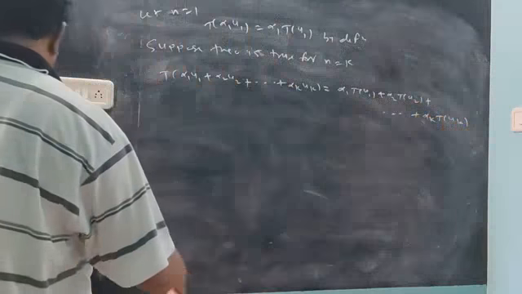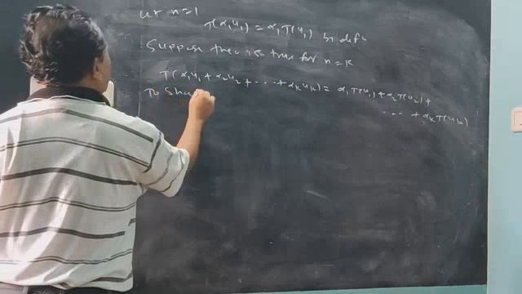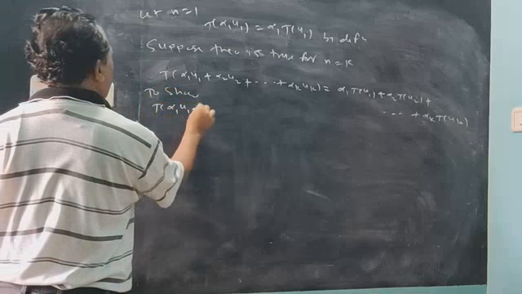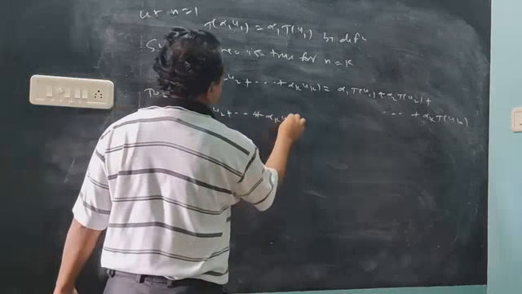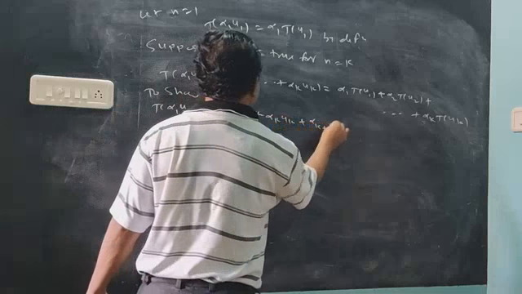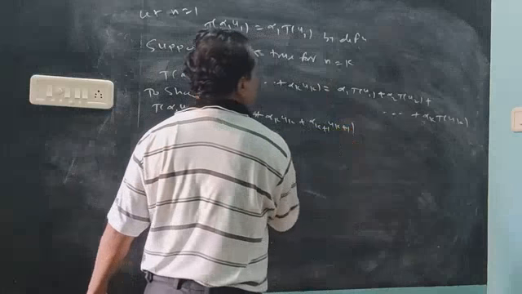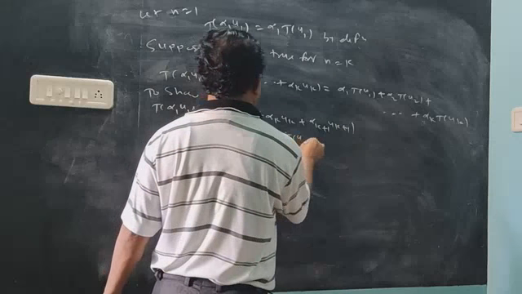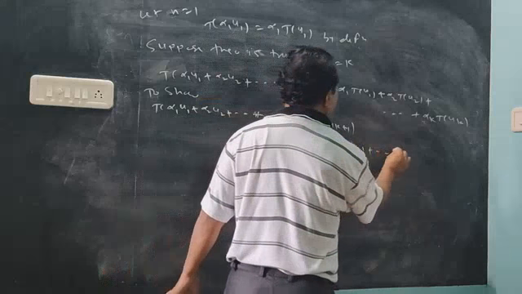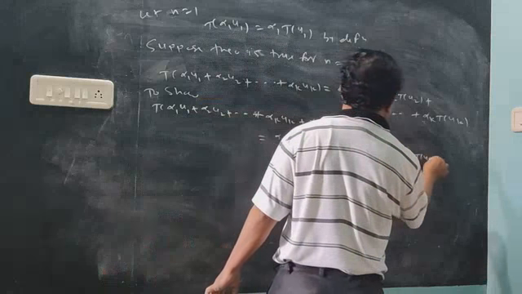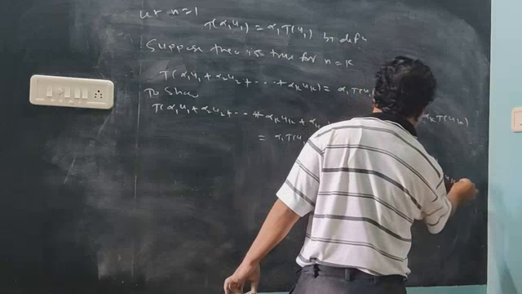We have to show it for k plus 1: T of alpha 1 u1 plus alpha 2 u2 up to alpha k uk plus alpha k plus 1 uk plus 1 equals alpha 1 outside T of u1, alpha 2 outside T of u2, in this way alpha k outside T of uk, and alpha k plus 1 outside T of uk plus 1.